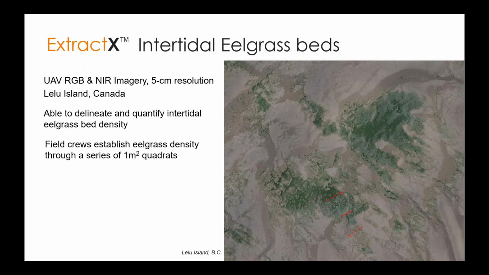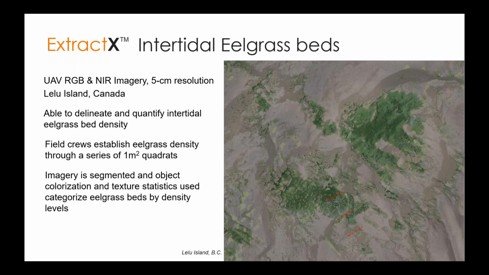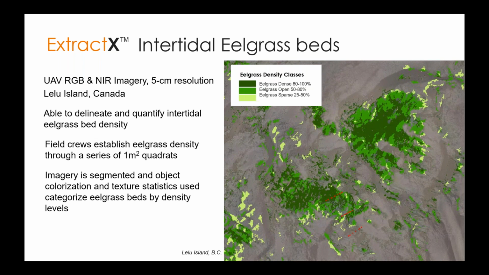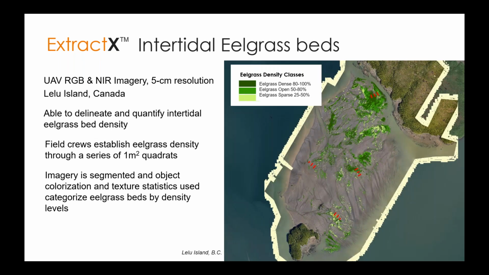Again, what we did, we sent out field crews with 1 meter by 1 meter quadrats, and they were actually calculating the eelgrass density in each of those quadrats. We used that to train the ExtractX model, and we were able to map out eelgrass density based on that field data. So we had 3 classes of dense, open, and sparse eelgrass. And that's just a zoomed out shot of Lilu Island.